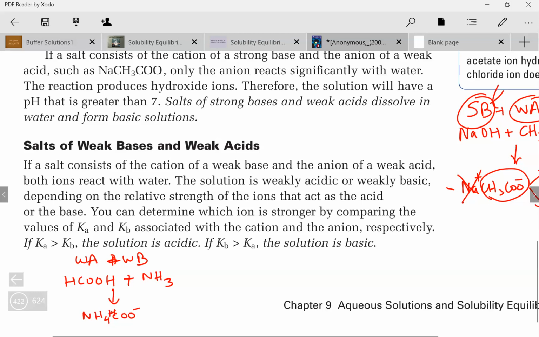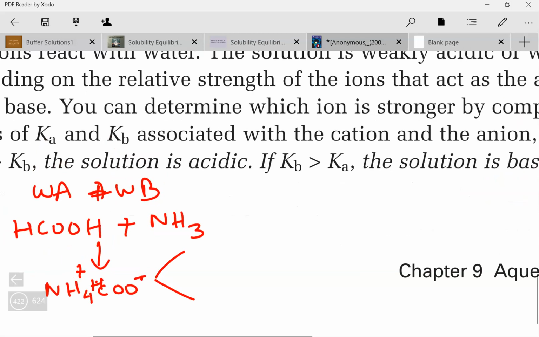So NH4 plus and HCOO minus together form the salt. And we're going to split that into ions, because we're going to write what happens to both these ions in water.